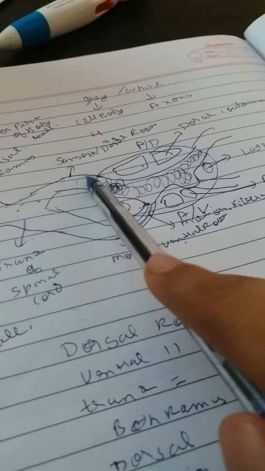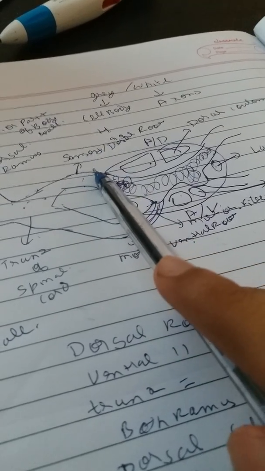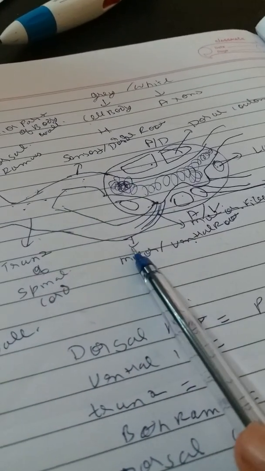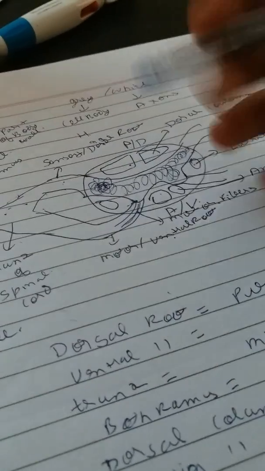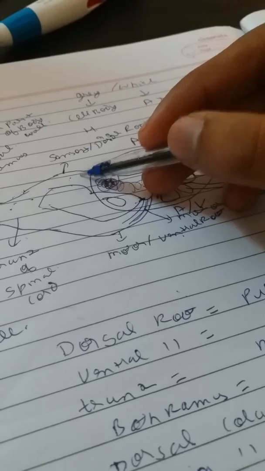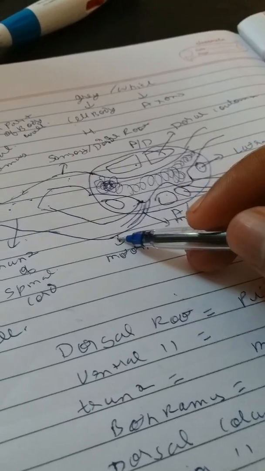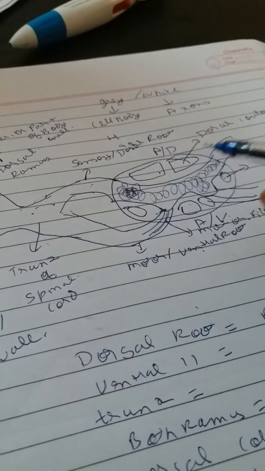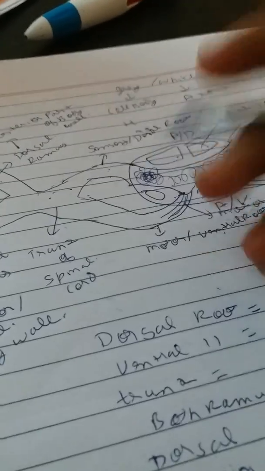So this one is the sensory, the posterior part or the dorsal part, and the anterior or ventral part is the motor. This part is known as the sensory root or the dorsal root, and this part is known as the motor root or the ventral root of the spinal cord.